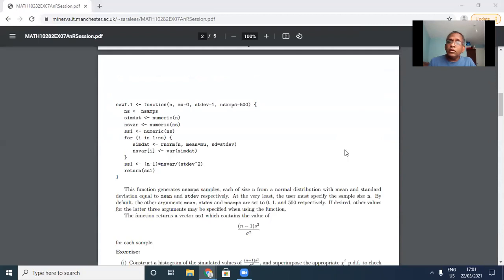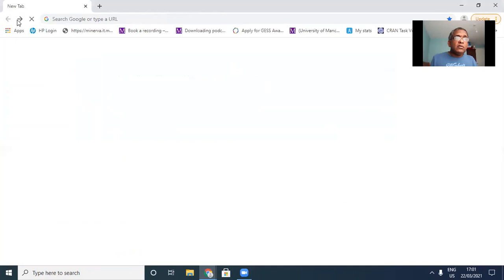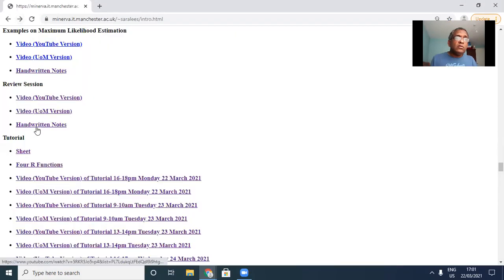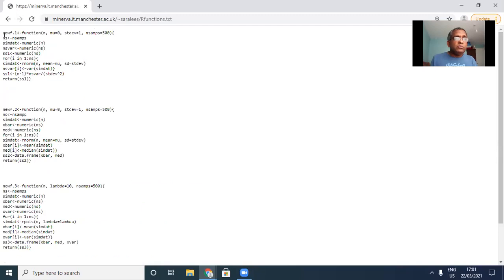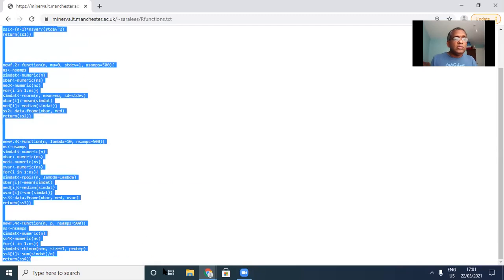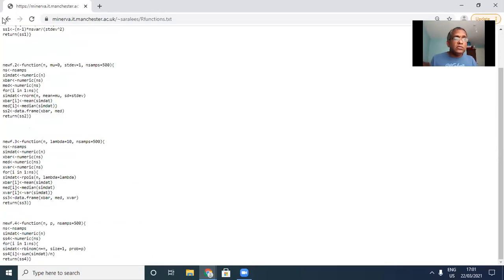Okay, so let me start with page two of the tutorial sheet. Before I do that, there are four functions in R that I need to copy and paste. So let me copy all these four functions that I will need for the tutorial.